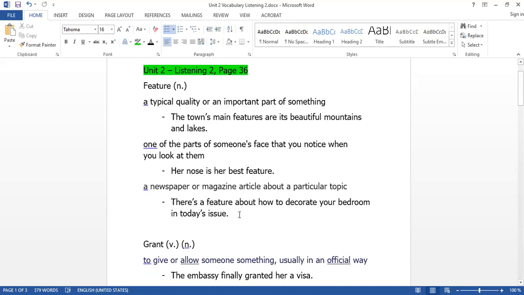Basically, you can just change it to, there's an article about how to decorate your bedroom in today's issue. Same meaning, a piece of writing. So that's the word feature. You just have to be careful with it, I think it depends on the context as well. That's why I'm giving you all the examples here.